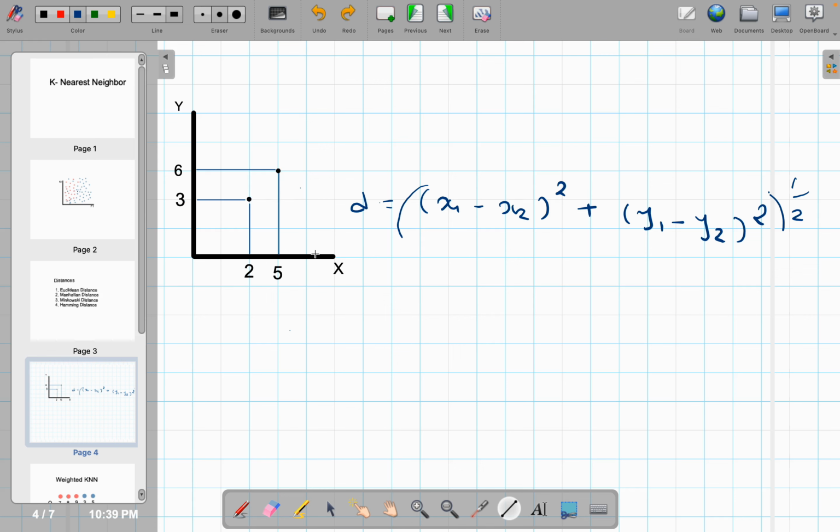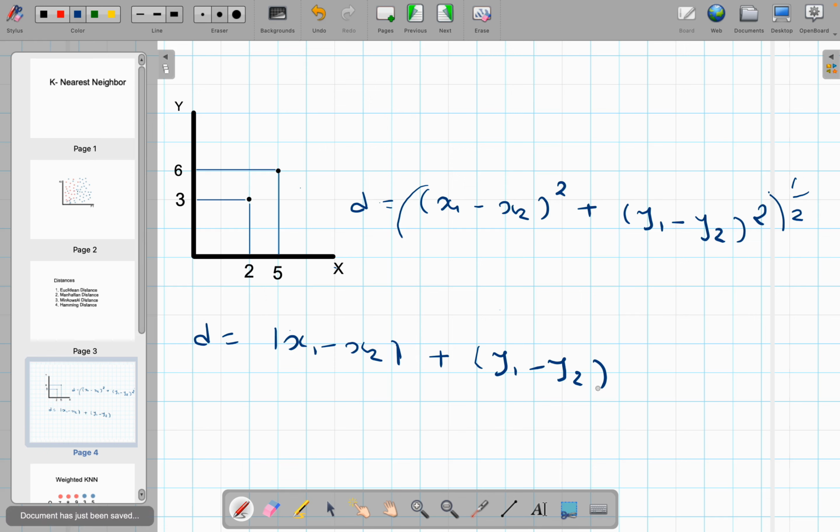If I write the formula for it, the distance is equal to |x1 minus x2| plus |y1 minus y2|.